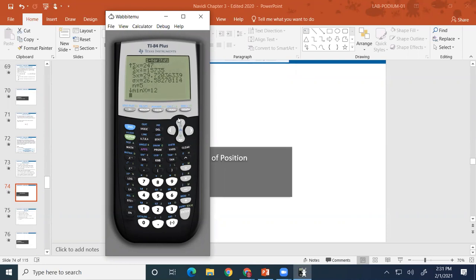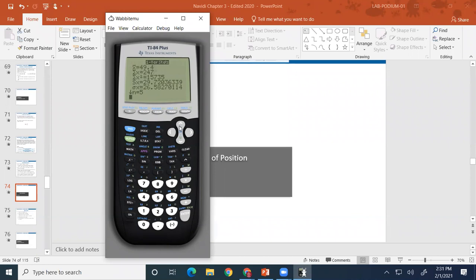There's the mean, and the two that you don't really need, the standard deviation for the sample or the population, and then these are the measures of position we're going to be looking at here. This tells you the minimum value, the maximum value. It gives you the median, and then it tells you something called quartile 1 and quartile 3. We'll get into a little bit of detail on what that is.